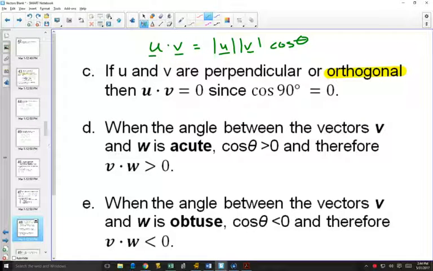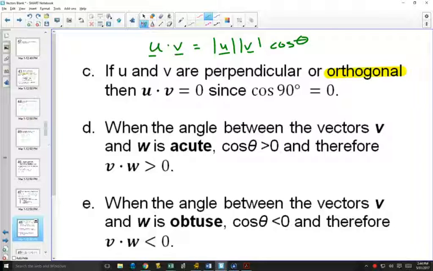So if the left-hand side is equal to 0, then the only way the right-hand side can equal 0 is if cos is 90 degrees.